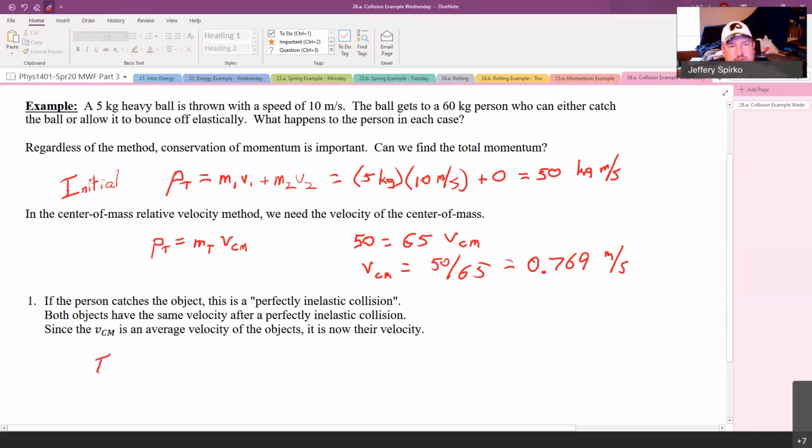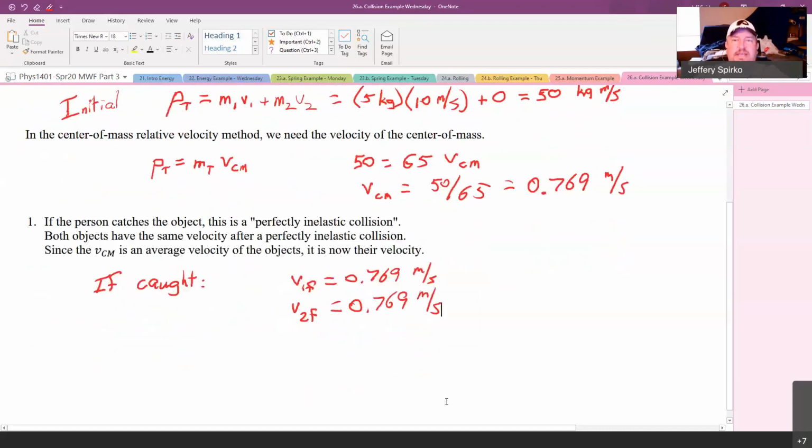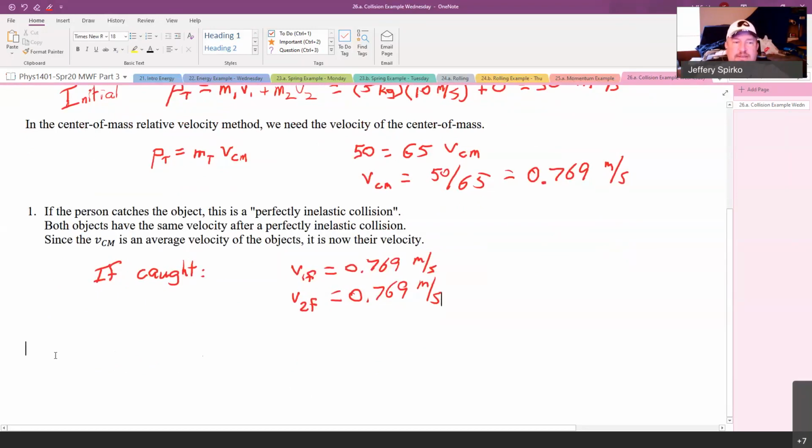So if caught, then V1 final is equal to 0.769 meters per second, and V2 final is also equal to 0.769 meters per second. And this was the middle step in the pendulum lab that you are looking at sometime this week, the ballistic pendulum lab.